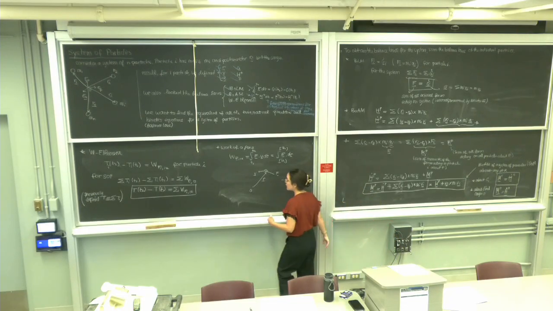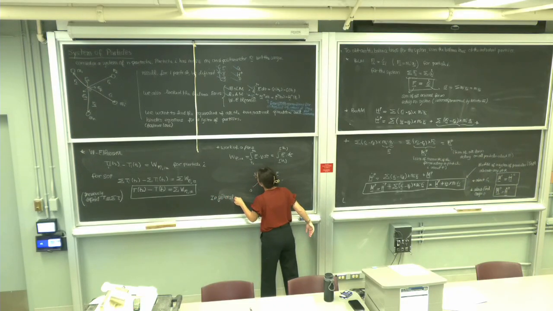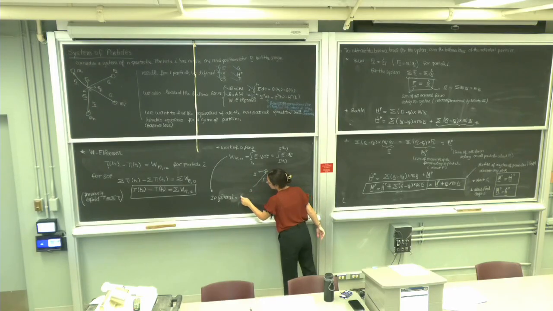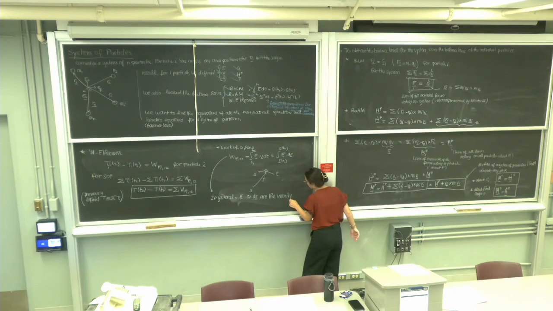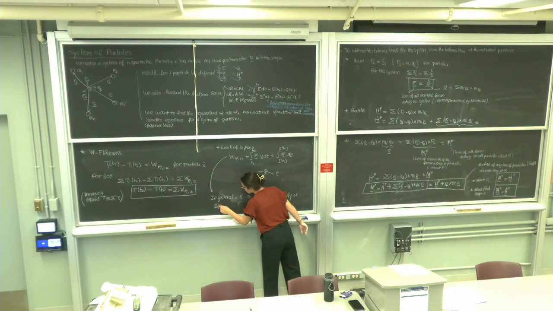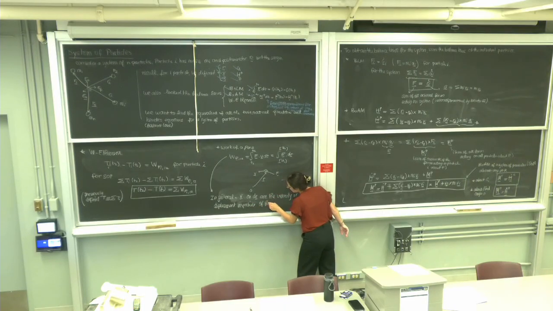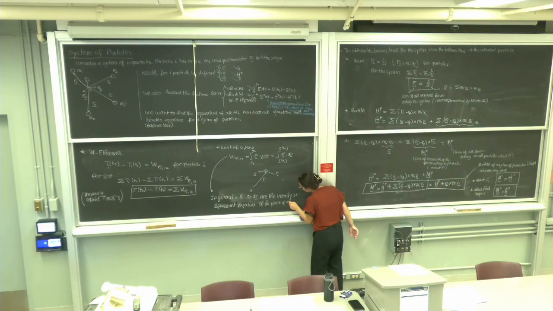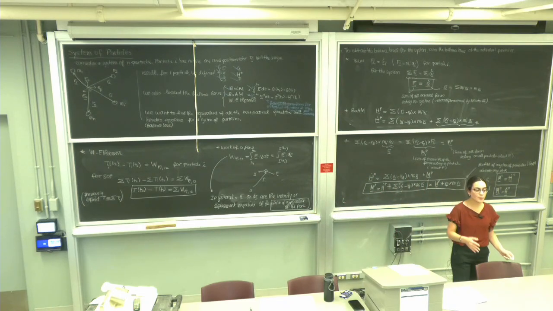So for a system of particles, or in general, in this equation, v or dr are the velocity or displacement, respectively, of the point of application of the force.